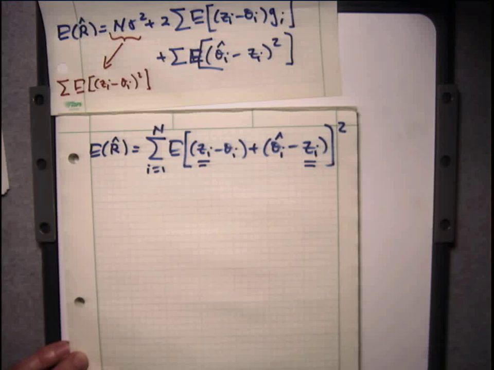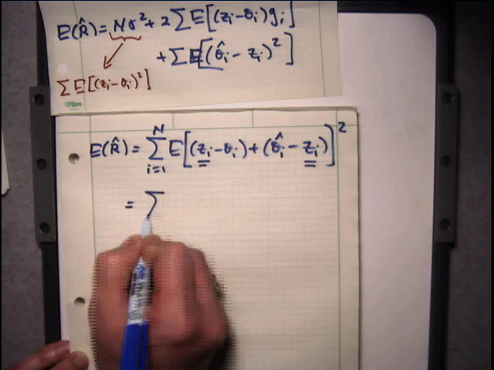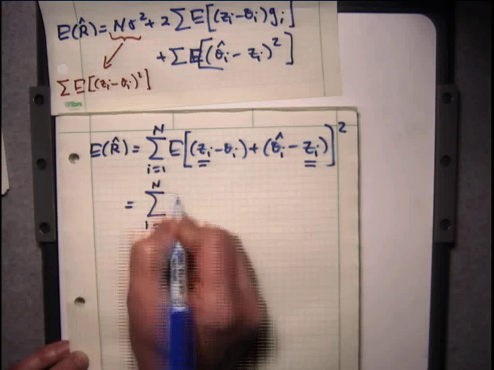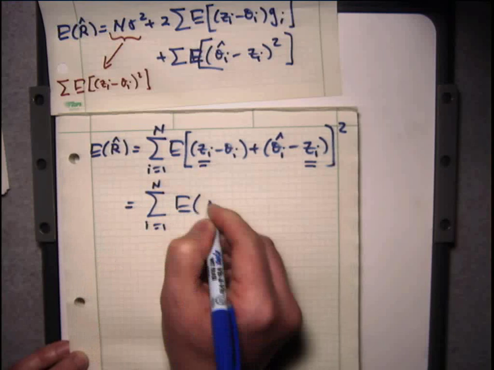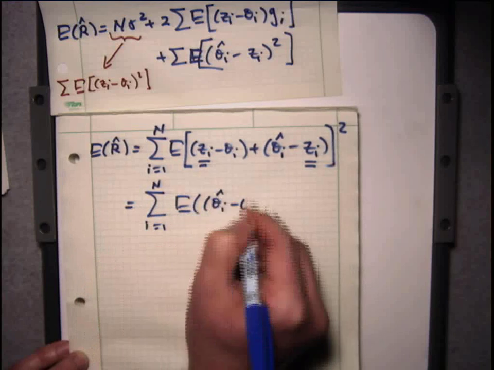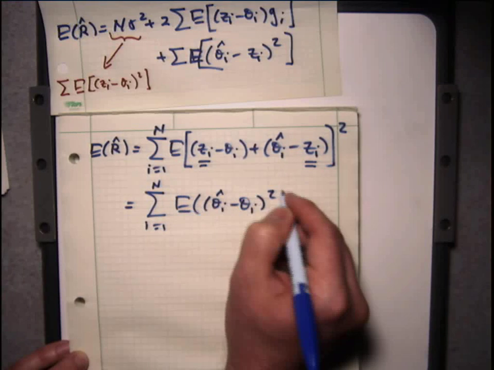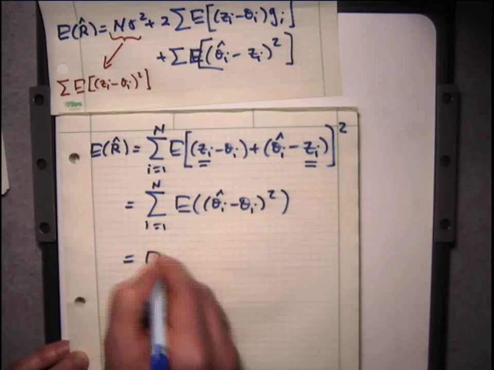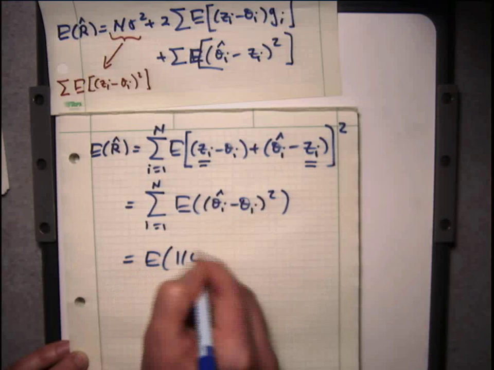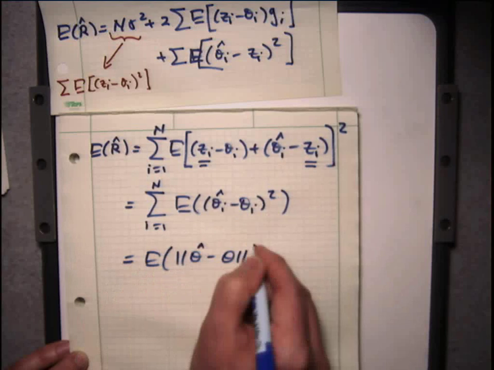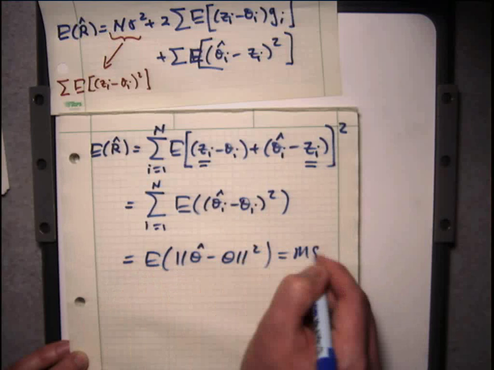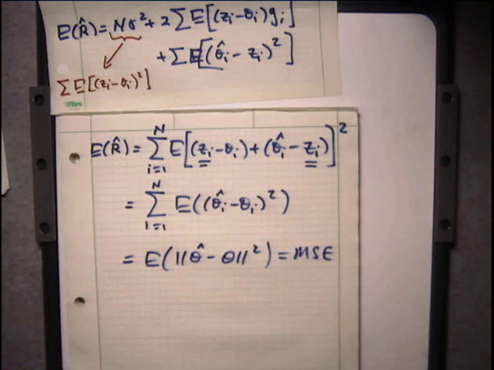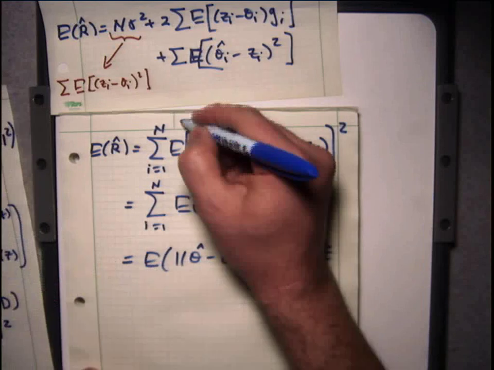And then this becomes the sum, i equals 1 to n, of the expected value of (theta i hat minus theta i) squared, which is nothing but the norm of theta hat minus theta squared, which is the mean squared error. Okay? Wait, how did the squaring of the expectation value go inside?